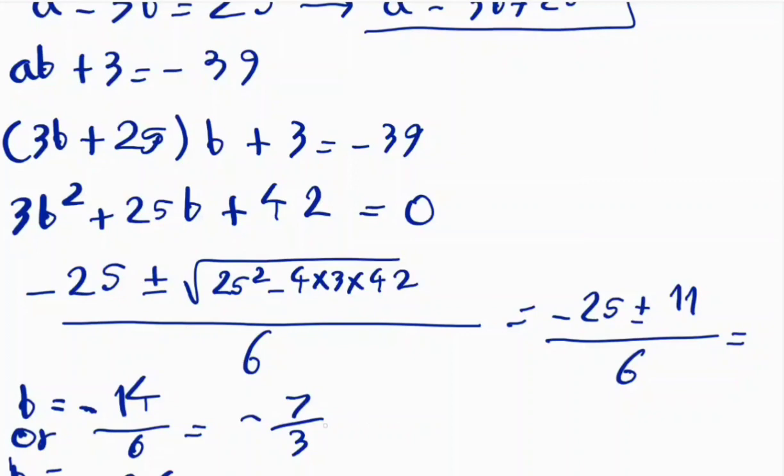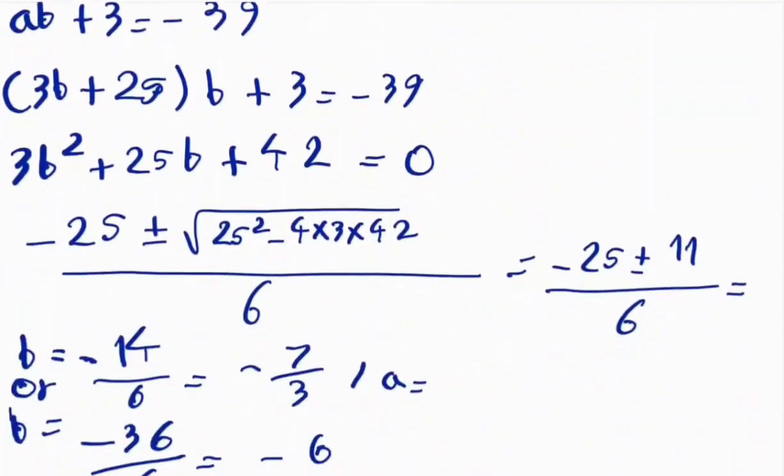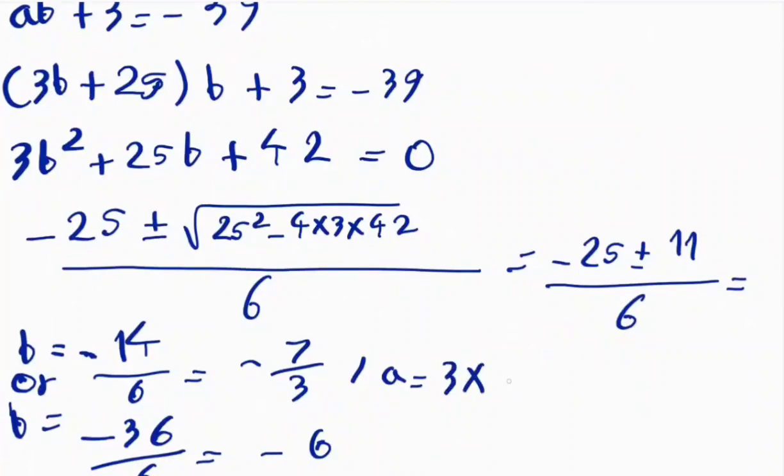If b is minus 7 over 3, then a is equal to, as we've already set, 3b plus 25. So 3 times minus 7 over 3 plus 25, and we get 18.